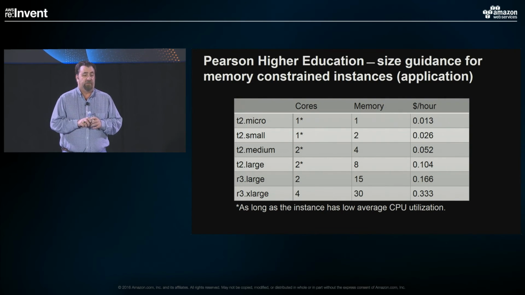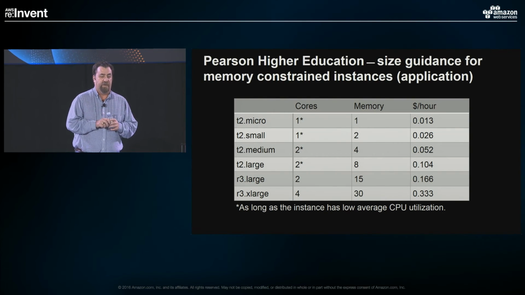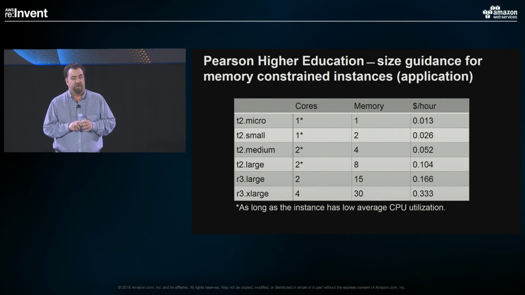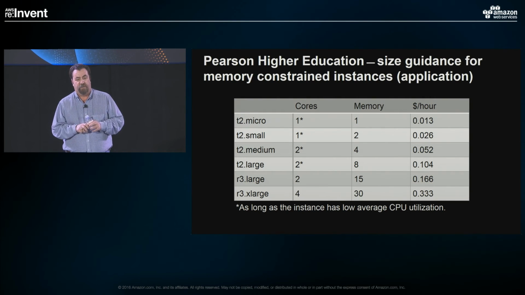Because of these findings, the guidance recommendations came straight from Amazon. We didn't have to do any further testing. And this provides a low spend per gigabit way to scale down instances for application sizes smaller than 15 gigs, such as your R3 large.